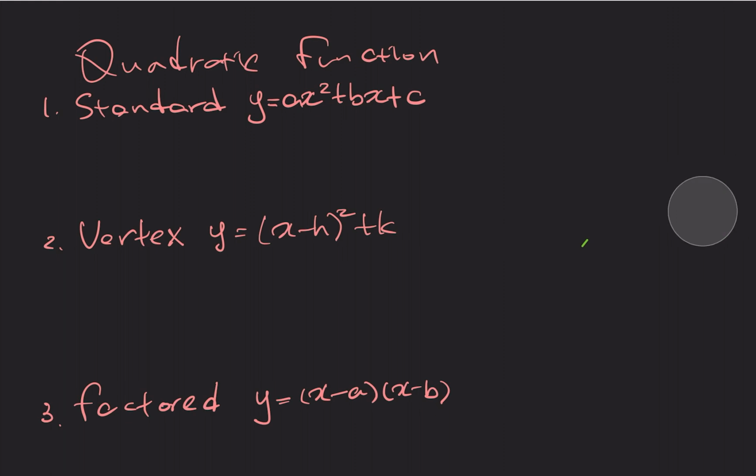So in a standard form, we have y equals x squared plus 2x plus 5. And we say a is 1 and b is 2.